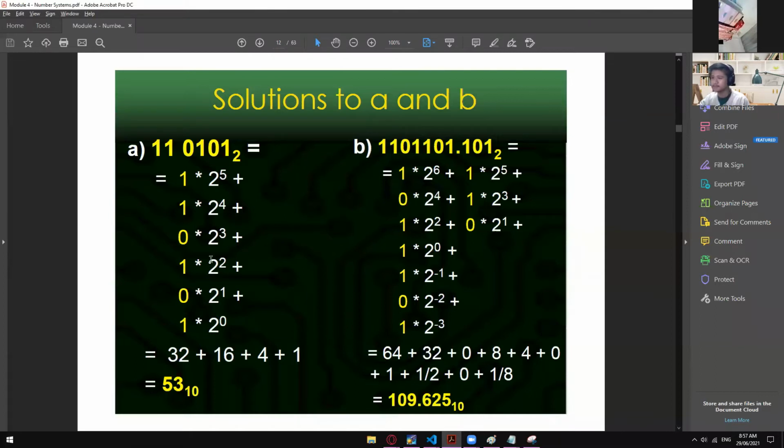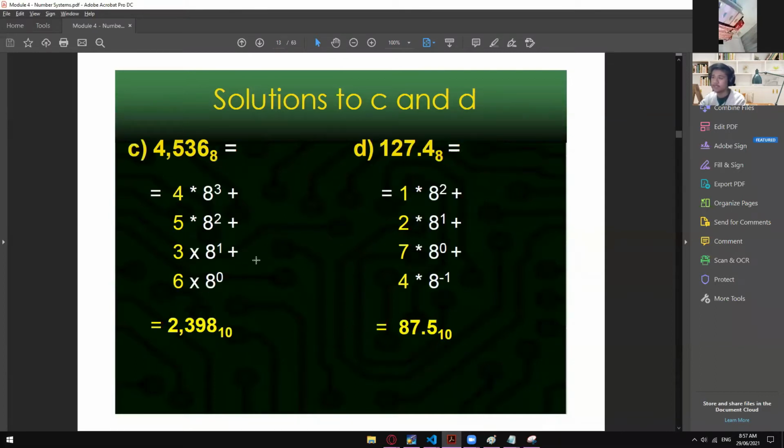All right, so that's it for the first two examples. Let's now move on to letter C and D. Just like what I mentioned a while ago, you can convert any base to a decimal. So we can also convert this octal into a decimal. The same concept, just arrange this from top to bottom. So 4, 5, 3, 6, and your multiplier is 8.